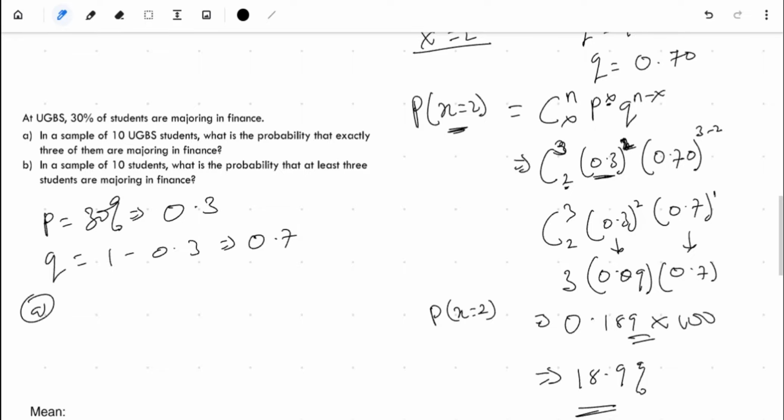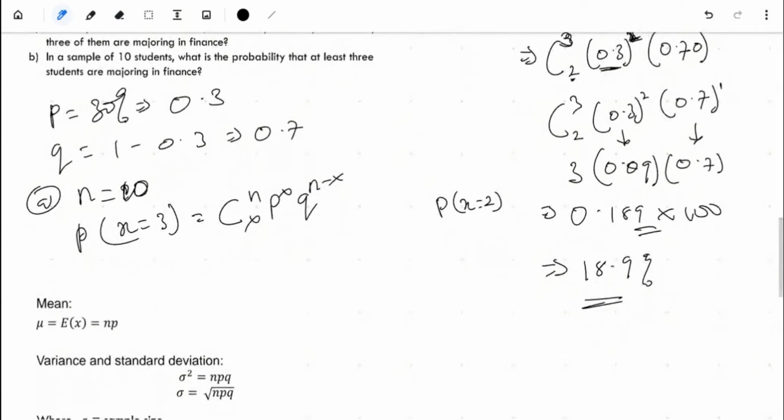So our first question A says, in a sample of 10 UGBS students, what's the probability that exactly 3 of them are majoring in finance? We know our formula already, which says the combination of n and x multiplied by the probability of success to the number selected, times the probability of failure to the remainder.